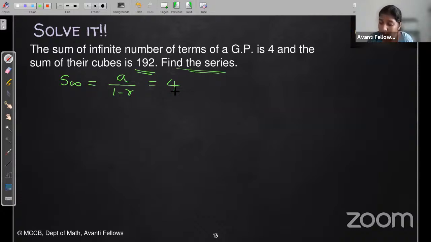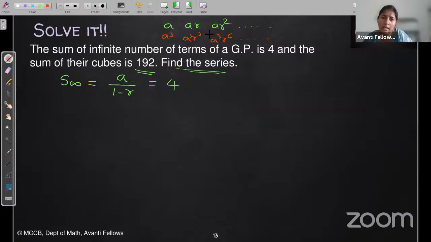So if the sum of the cubes is 192, I have a, ar, ar squared, and so on, and cubing it, what will I get? I will get a cube, a cube r cube, a cube r raised to 6, correct?